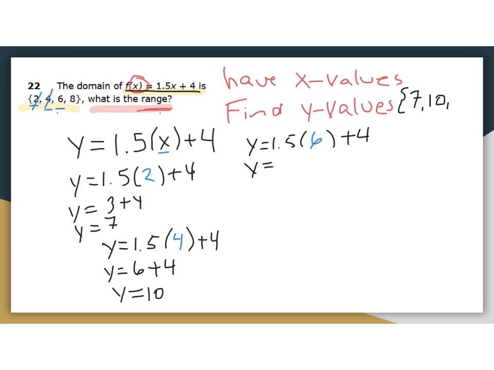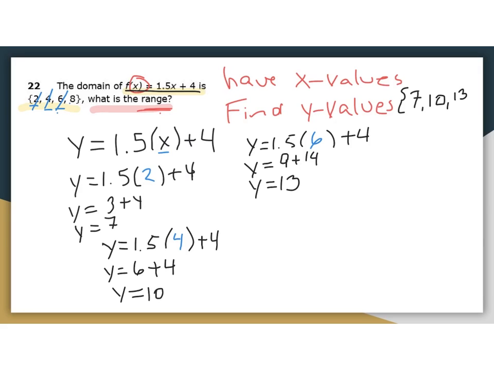Then we simplify. 1.5 times 6 comes out to 9. And then we still have to go back and add the 4. 9 plus 4 comes out to 13. So we have a y value of 13 given the x value, or domain value, of 6.